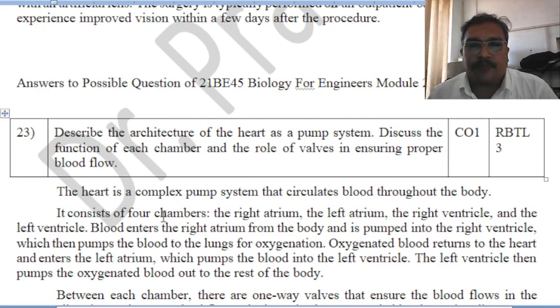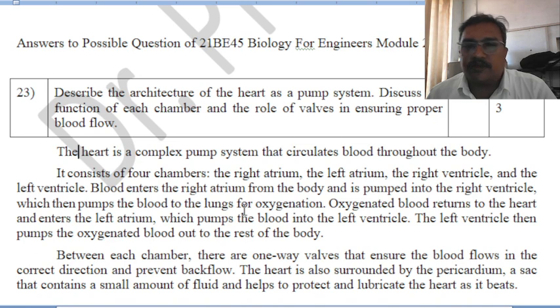The heart is a complex pump system which circulates blood through the body. It consists of four chambers: right atrium, left atrium, right ventricle, left ventricle. You might have already learned about that, so you can write it out. These four parts we can treat as the architecture of the heart, how it is made.